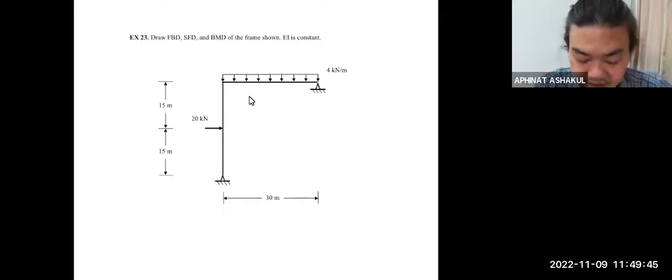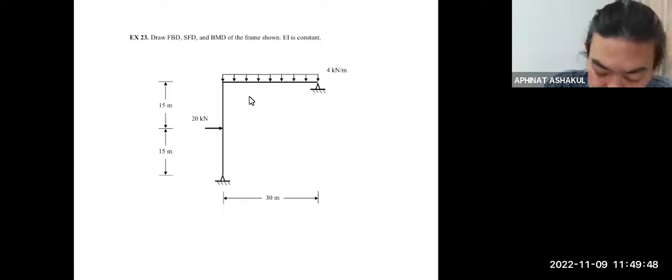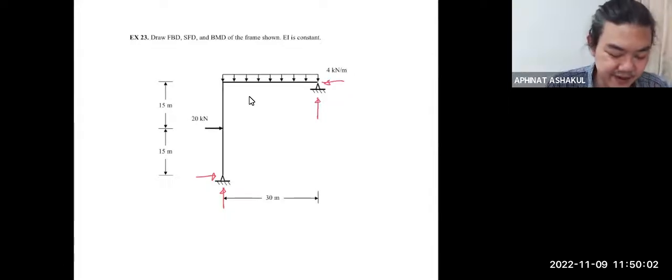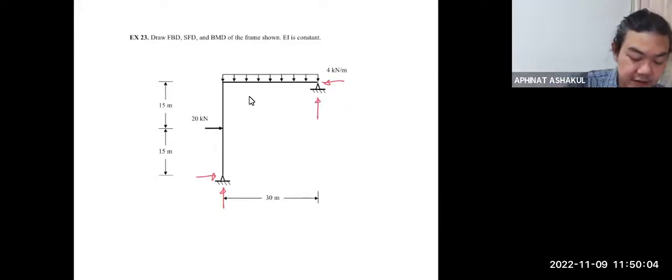But first thing first, you have 4 reactions. Don't mind the directions, okay? We have 4 reactions and 3 equilibrium equations.